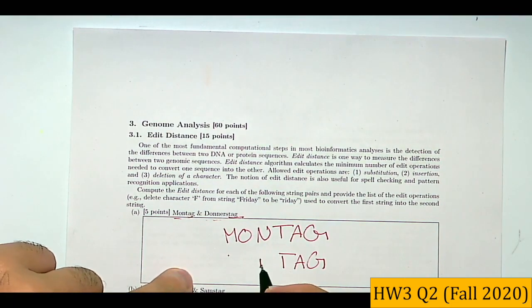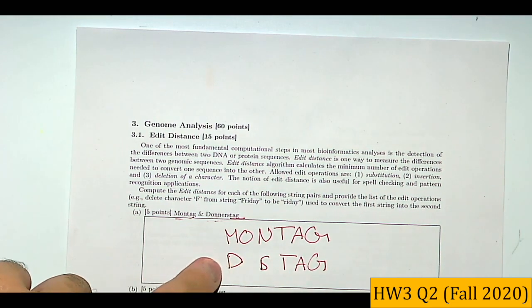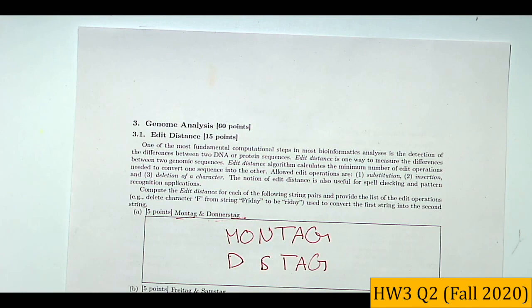So you have the S, R, and so on. Anyway, for those kinds of questions, you need to start from the very first character and move all the way until the end, okay? If you try to do it this way, that will give you some incorrect answer.